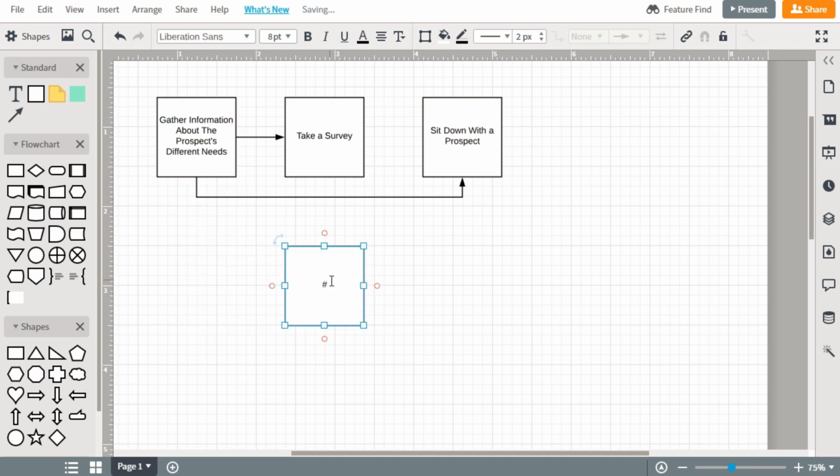So this could be 3 to 5 different prospect buyers. So I think for simplicity's sake, let's just do 3.